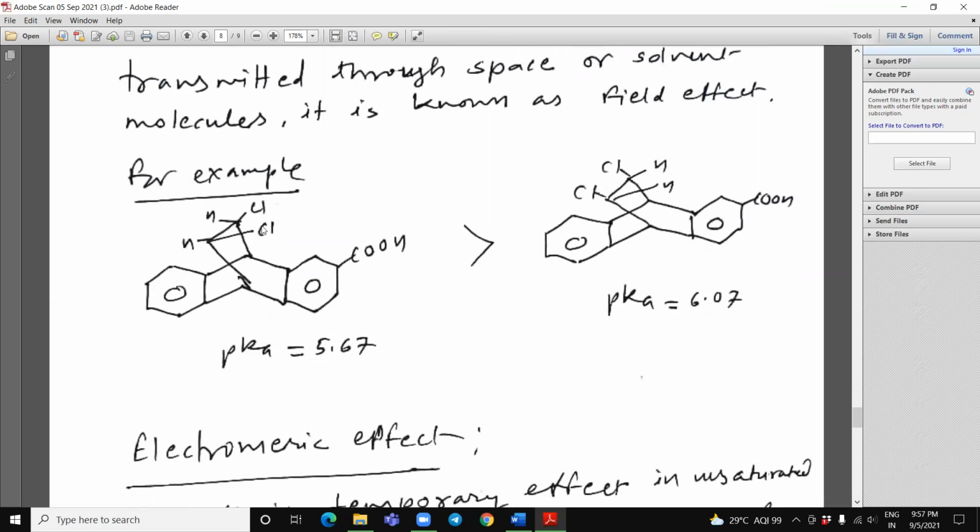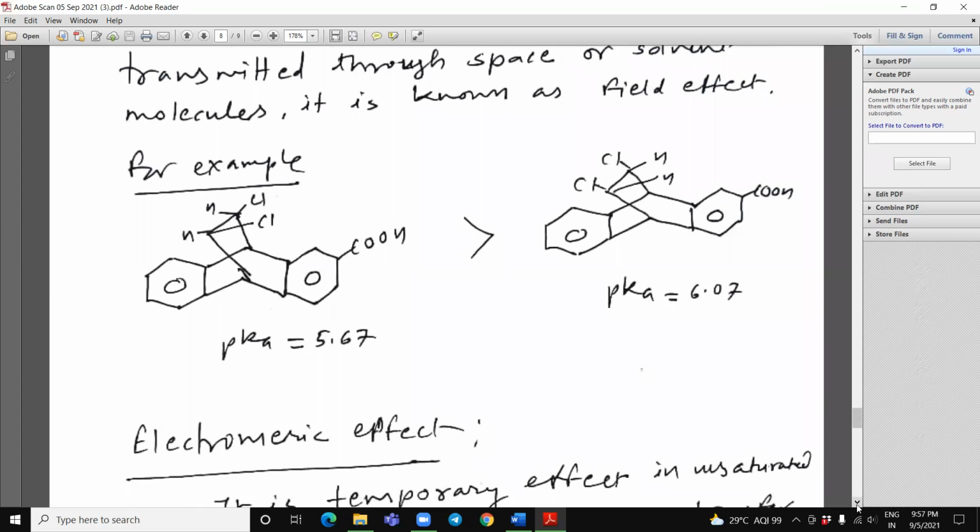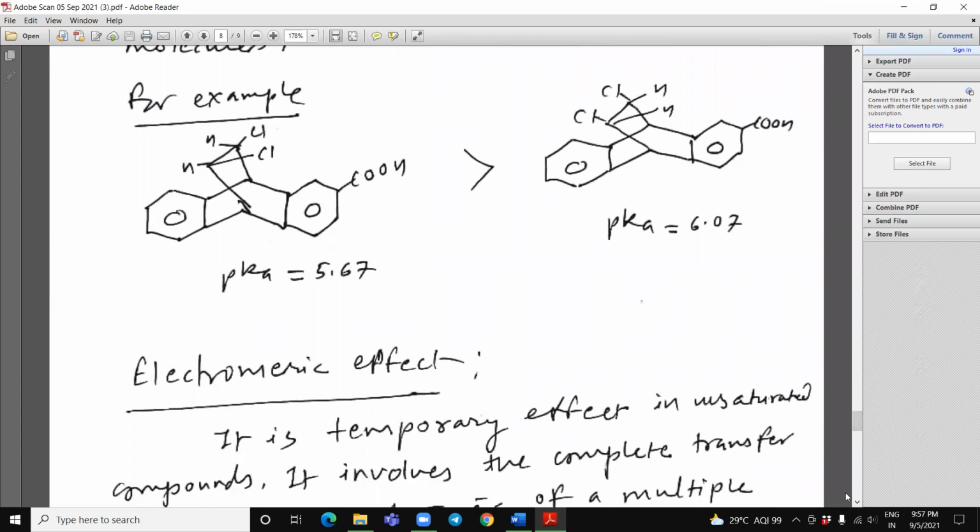They are here in cis, whereas these two chloro atoms are away from each other in trans. So it is more acidic compared to this molecule. This is less acidic. So field effect is also responsible for the acidic nature of the molecule.